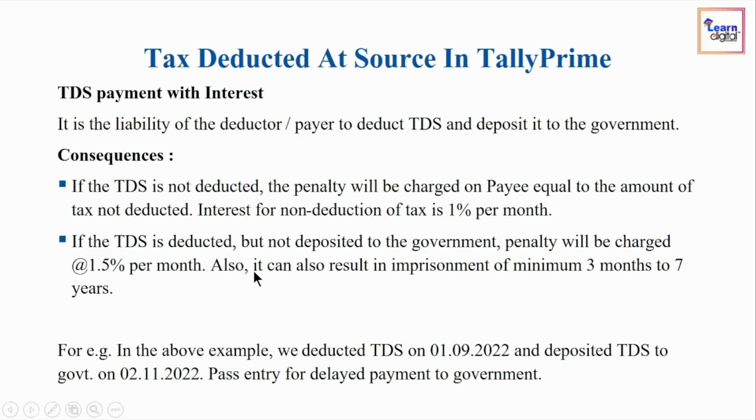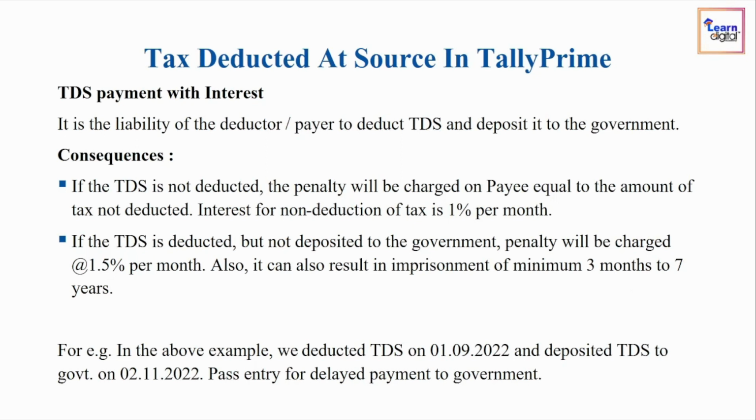Also, along with that, it can also result in imprisonment of 3 months to 7 years. So, depending on the case, depending on the importance of that case or amount of penalty, the deductor might get imprisonment of 3 months to 7 years along with the penalty. So, it is good to deduct the TDS and pay it to the government on time.